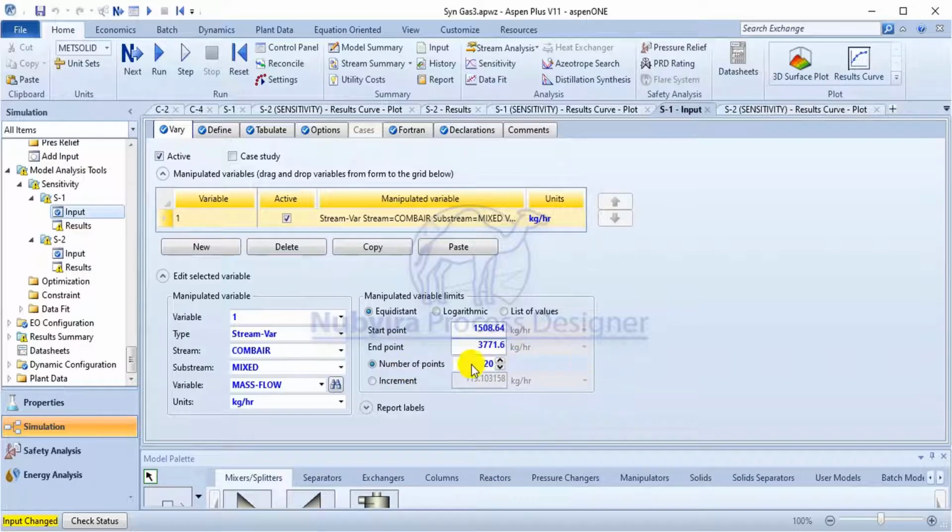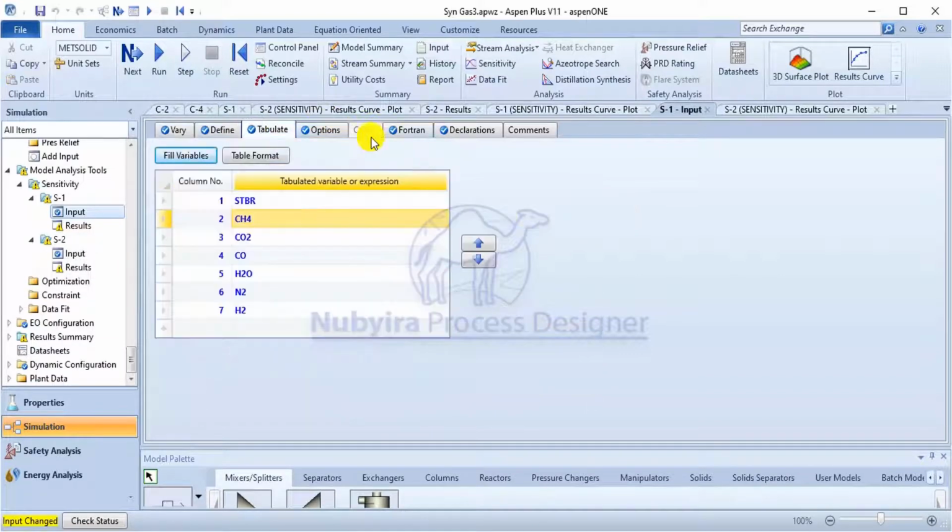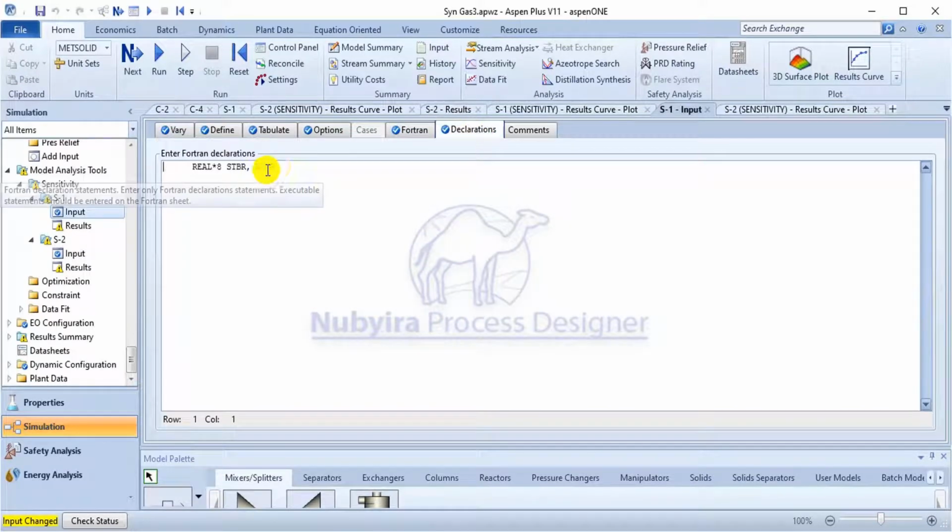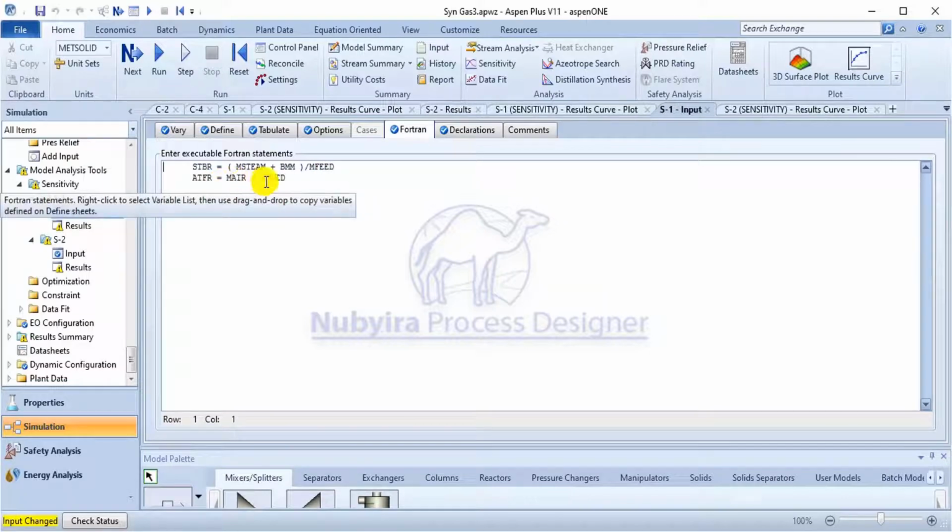So the fraction is 20, isn't it? So we change the tabulates. This one to change it to air to feed ratio. This is the calculation, mass of air divided by mass of feed, sorry.